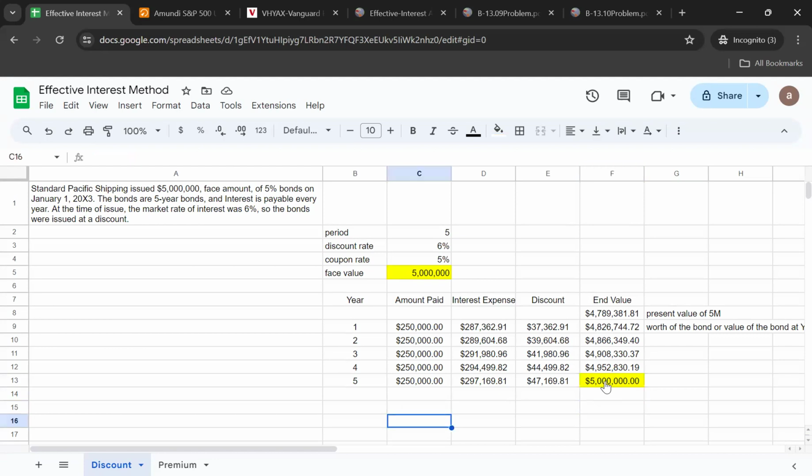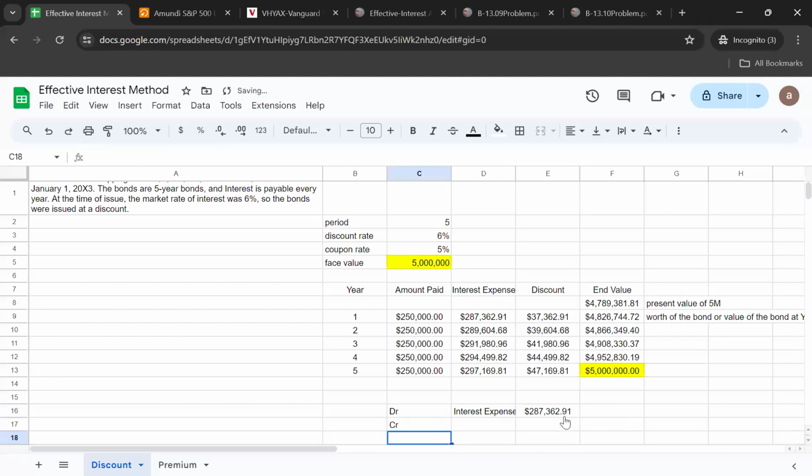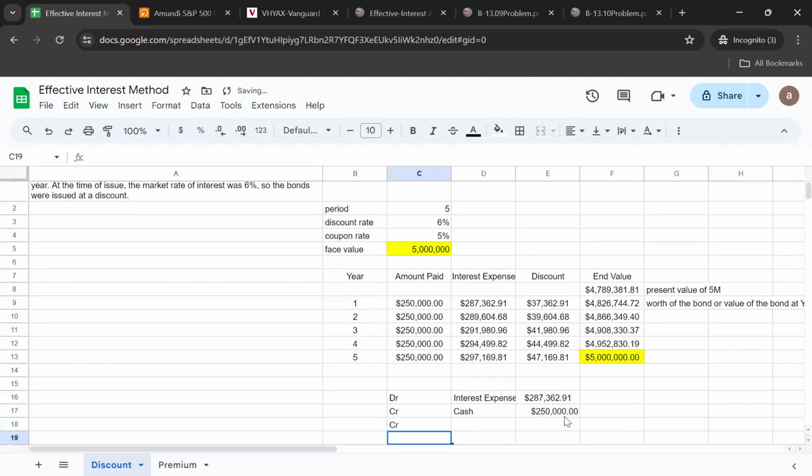So for example, here the entry would be, let's say I do it for year one, and it would be the same for every year. So debit interest expense for this number. I should copy the values only, so Control Shift V. So we copy, and then credit cash, which is the cash paid, and then credit discount amortization.